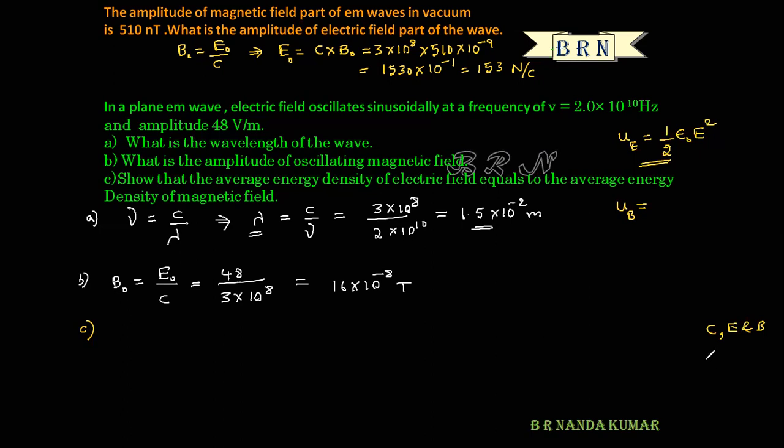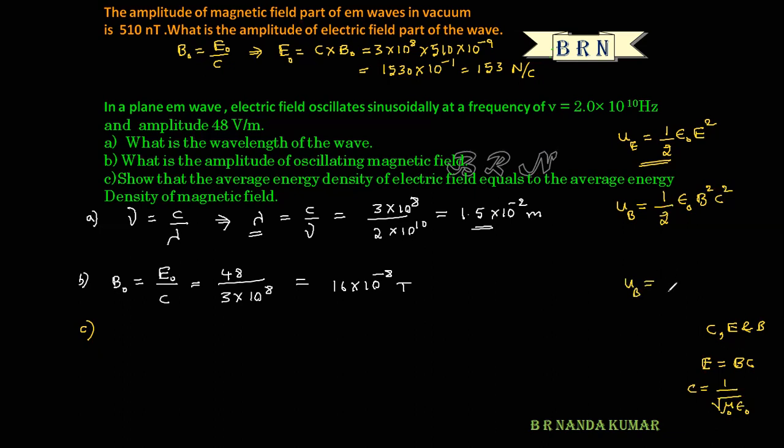E is equal to B into C, where C is 1 divided by the square root of mu naught epsilon naught. So half epsilon naught E square, and E square is B square C square, because E is equal to BC.